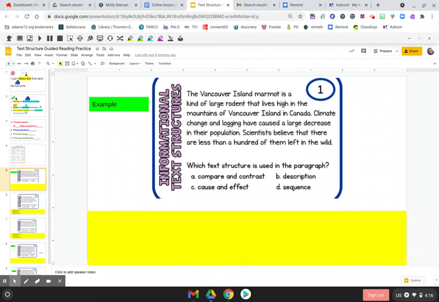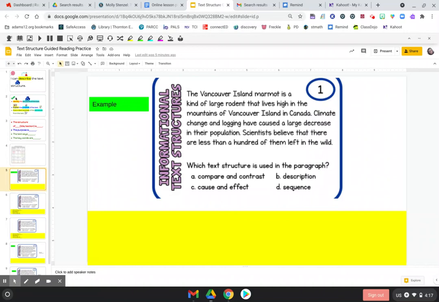So I thought, well, that's really describing where the marmot lives. But I was reading on and I noticed that the author probably had a different purpose for this text. And it really hit me in the next sentence where it said, climate change and logging have caused a large decrease in their population.